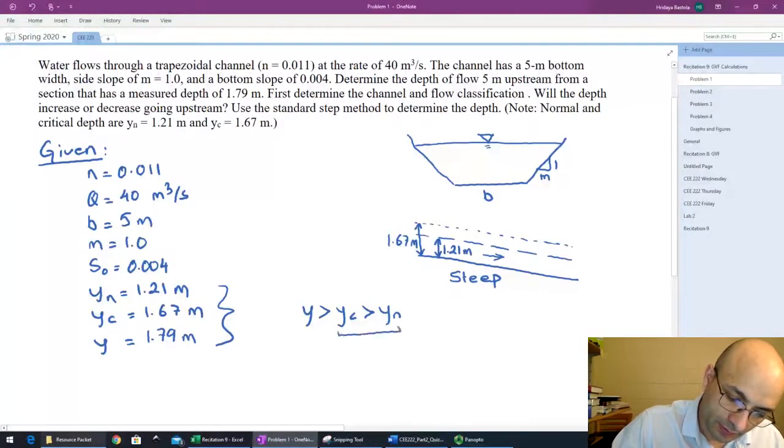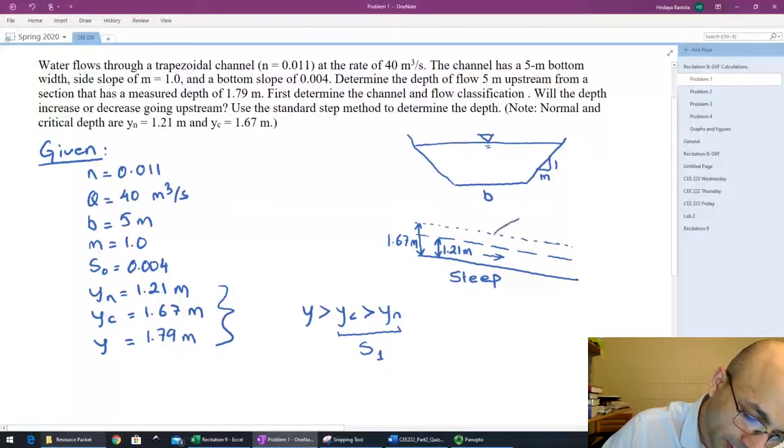So from this one we can tell the channel is steep, and since the depth is greater than either of those, we know it's an S1 curve. So on the channel side view, the curve will look something like this.